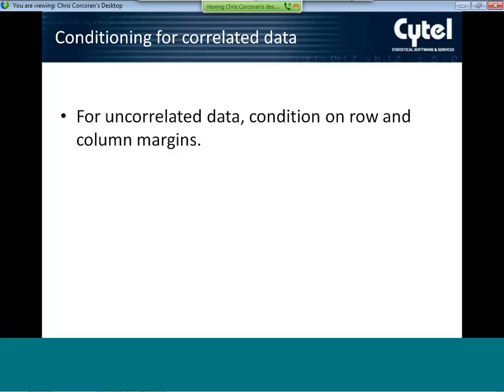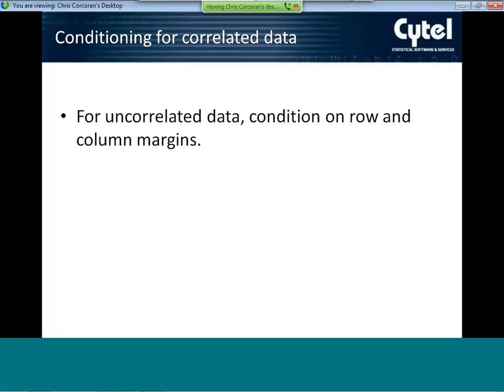And in general, that's how exact p-values are computed for just any contingency tables. That argument was extended after Fisher to tables with arbitrary numbers of rows and columns.